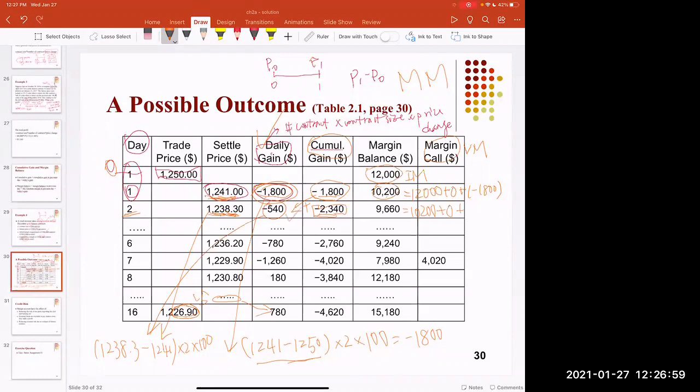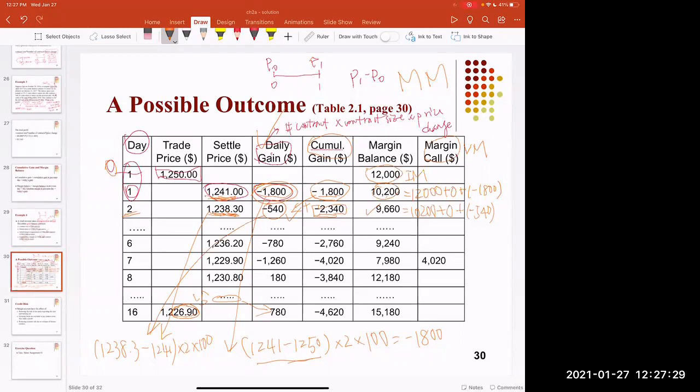Today's gain is negative 540. So what's the margin balance? Margin balance would be 9,660. You see this amount is still above 9,000, right? So you won't receive a margin call.